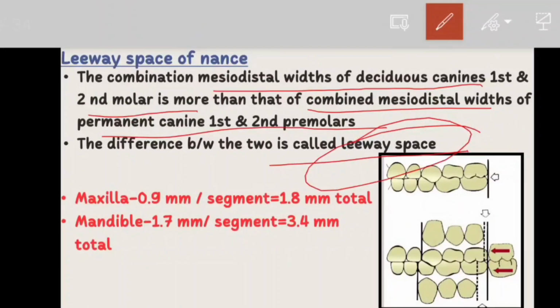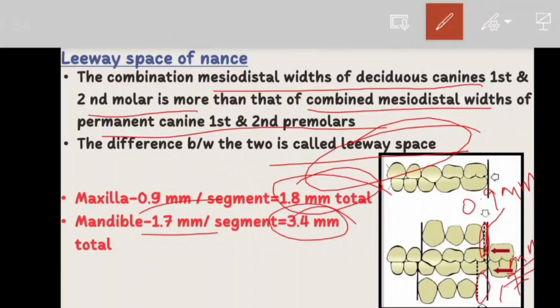In the maxilla, it was 0.9 mm per segment, that is 1.8 mm total. In the mandible it was 1.7 mm on one side, which is more as compared to the maxilla, and in total both arches produce 3.4 mm.